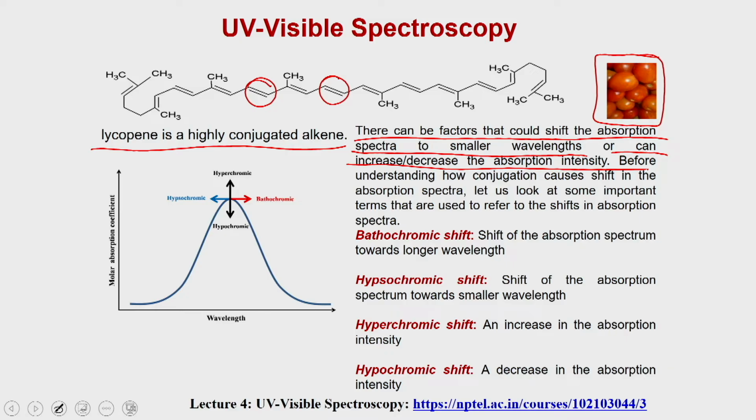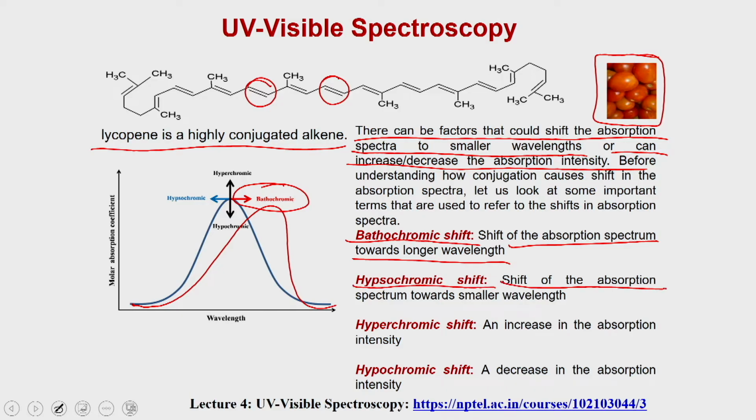You can have the bathochromic shift, which means a shift of the absorption spectra towards the longer wavelength. So if you have a bathochromic phenomenon, there will be a shift like this. Then you have the hypsochromic shift, which means a shift of the absorption spectra towards the smaller wavelength, which means it is going to shift like this.